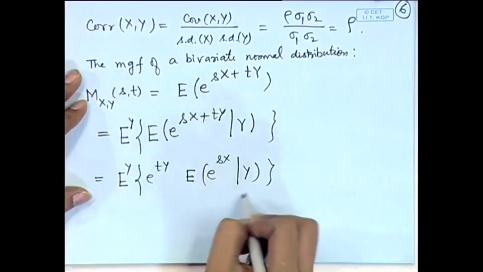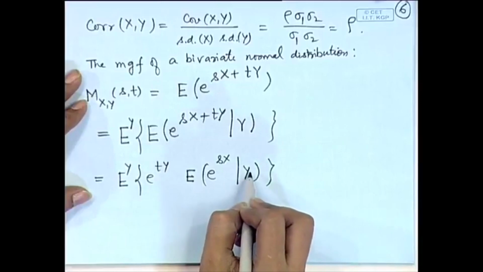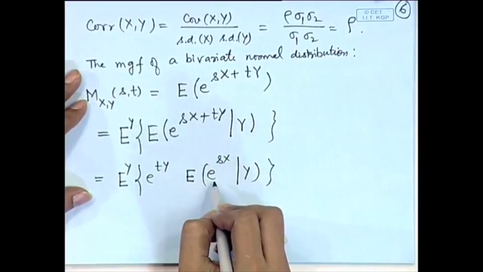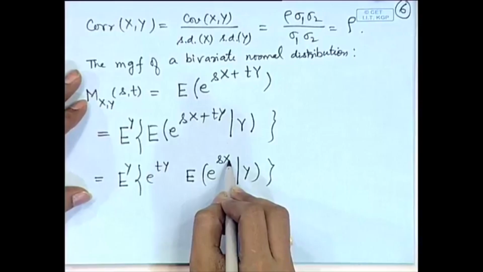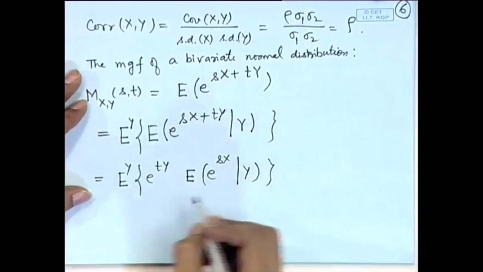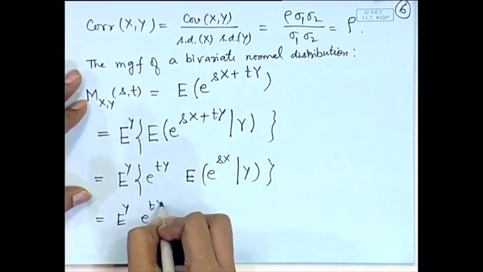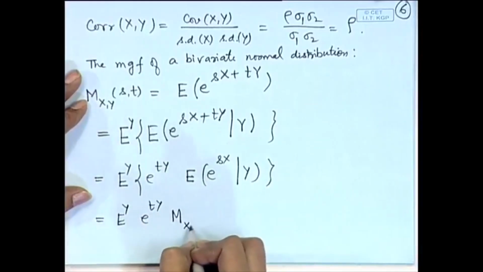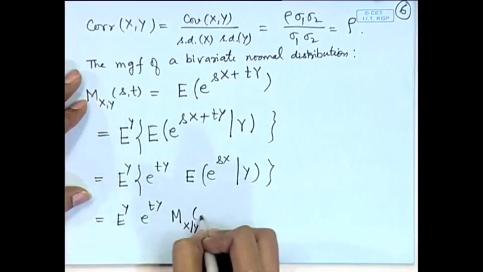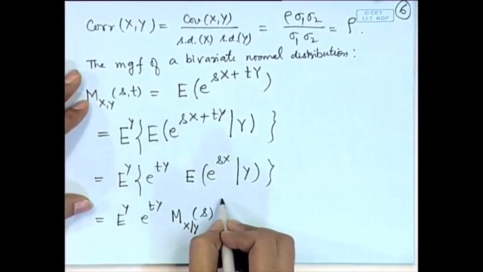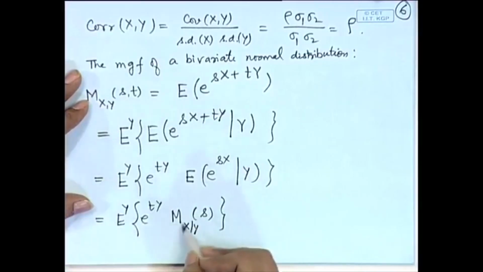Now, notice here that this inner expectation is nothing but the moment generating function of the conditional distribution of X given Y. So, this is equal to the expectation of e to the power tY into the moment generating function of the conditional distribution of X given Y at the point s. Now, here the conditional distribution of X given Y is univariate normal. We already know the form of the moment generating function of a univariate normal distribution.